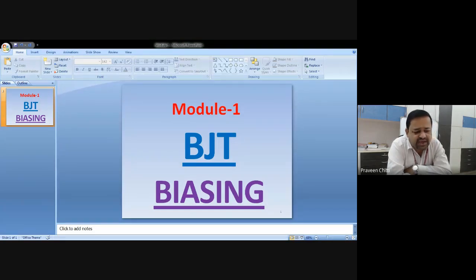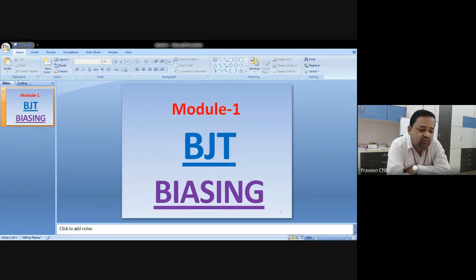This can be achieved by using two different batteries. One battery at the emitter side makes the emitter base junction forward bias, and one battery at the collector side makes the collector base junction reverse bias. But using two biasing batteries is uneconomical, and also having a very small battery at the emitter side is difficult. Hence, a biasing circuit is used in which a single battery is used along with some resistive element.